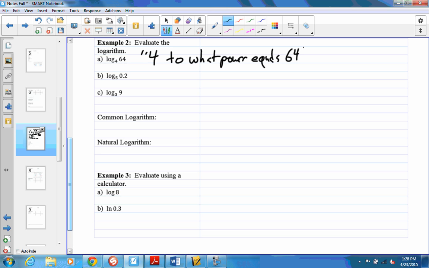So what do I have to raise 4 to get 64? 4 times 16 is 64, but what power do I want to raise 4 to? 4 to the third, right? So 4 times 4 is 16, that's squared. And then times 4 again, that's cubed, is 64.